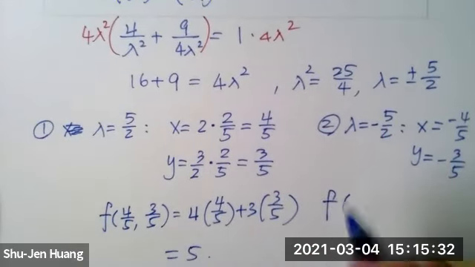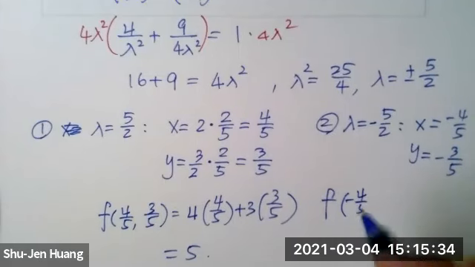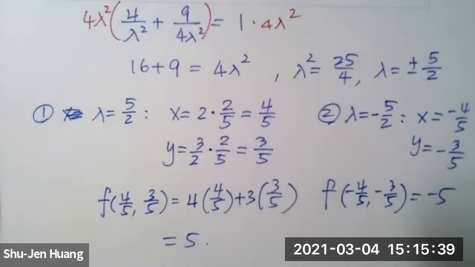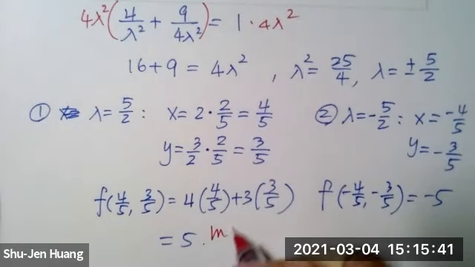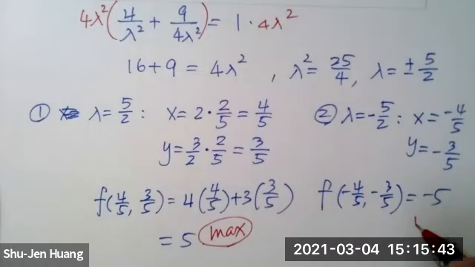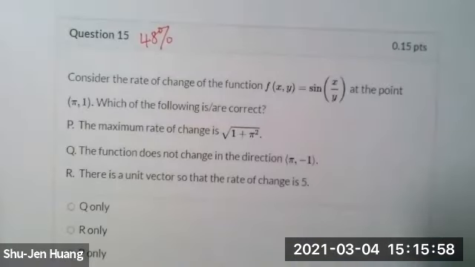And you can do the same thing for this one. Again, the difference is just the sign. So you're going to get -5 here. So 5 is the maximum and -5 is the minimum. Is that good? This is question 14. And let's move on to question 15.